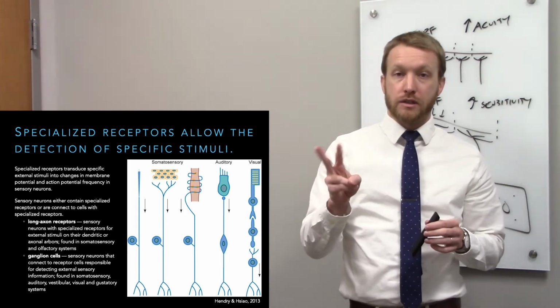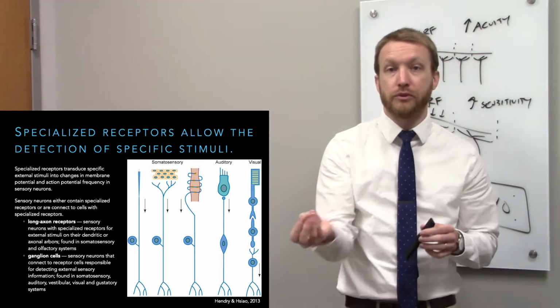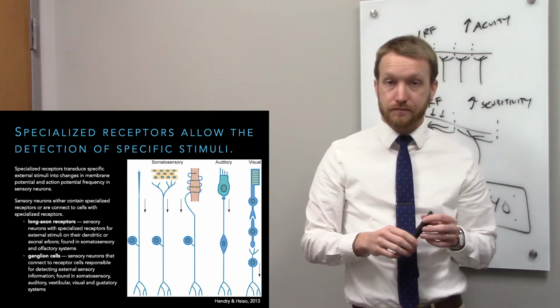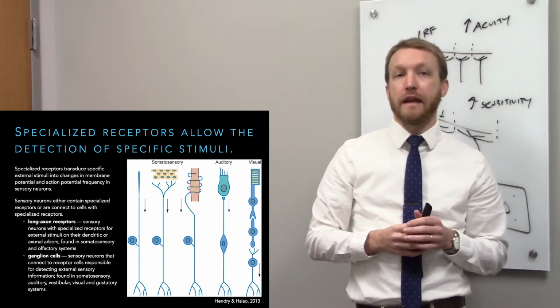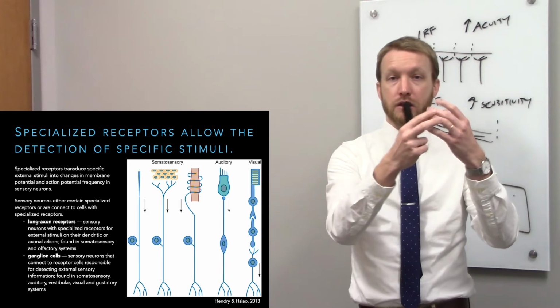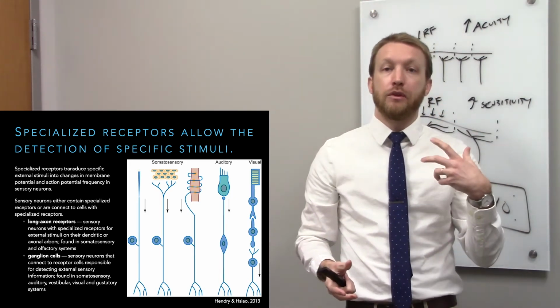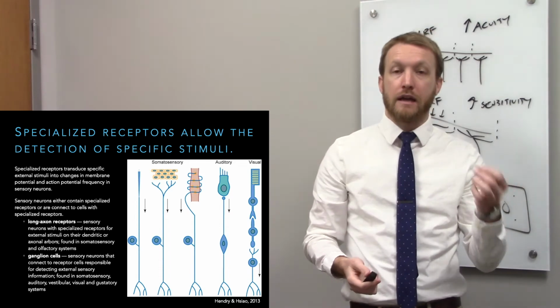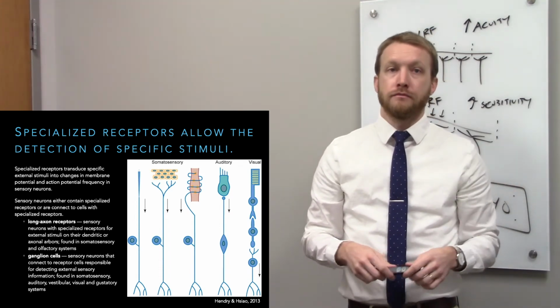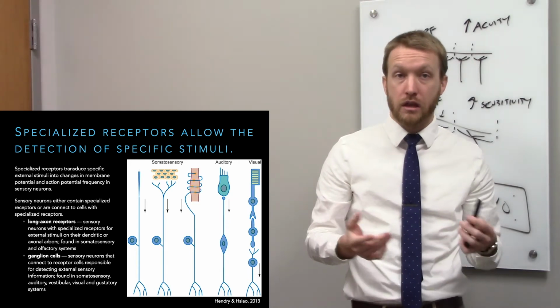So there's a couple cells between light and the actual sensory neuron that relays back to the central nervous system. You'll also find ganglion cells in the somatosensory system, so non-painful tactile touch. The somatosensory neurons communicate with other cells that actually detect pressure. You'll also find this in our auditory and vestibular systems.